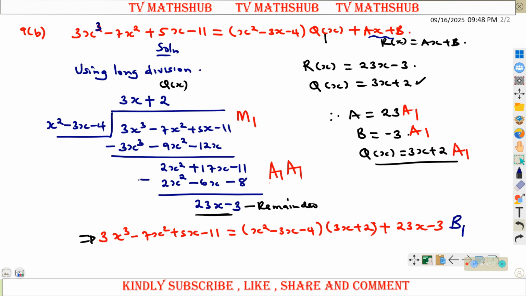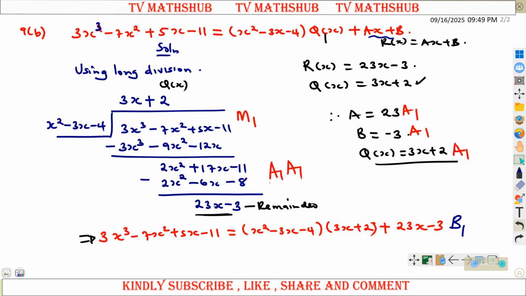From there, we subtract again to eliminate this, so we have a 0 here. 17 minus -6 is 23x. Then -11 minus -8 gives us -3. So in general, we are remaining with 3x plus 2 here, and here 23x minus 3.